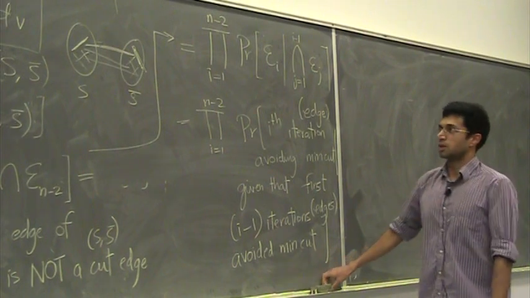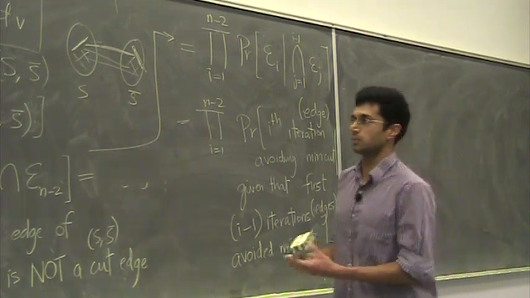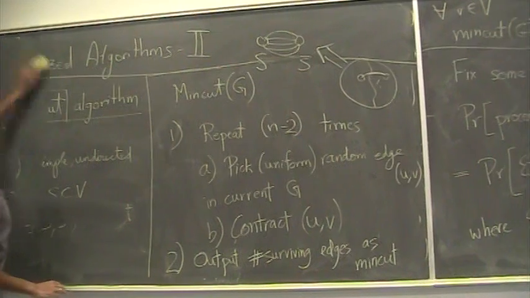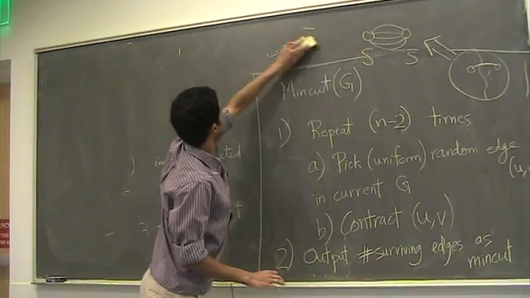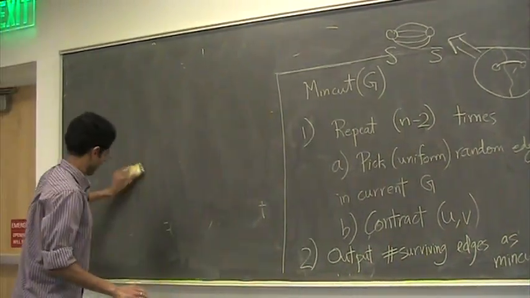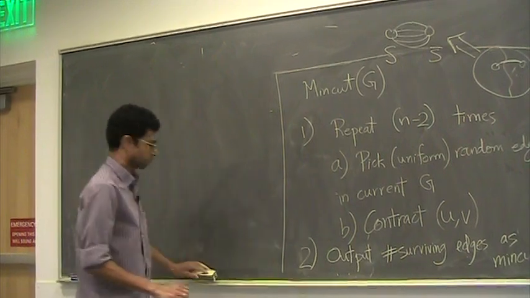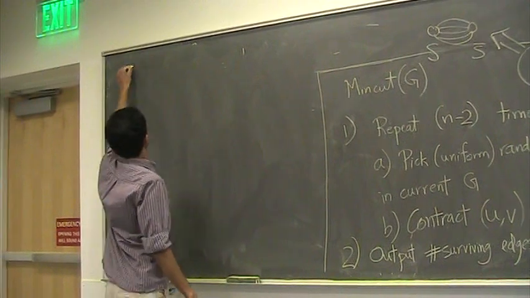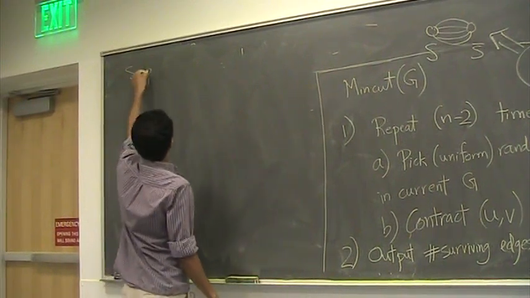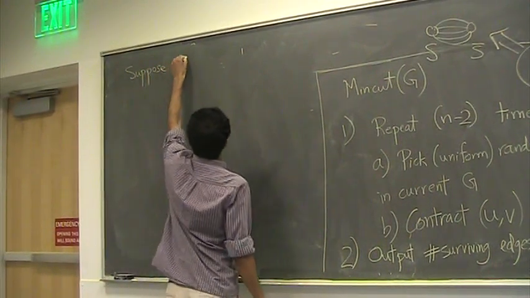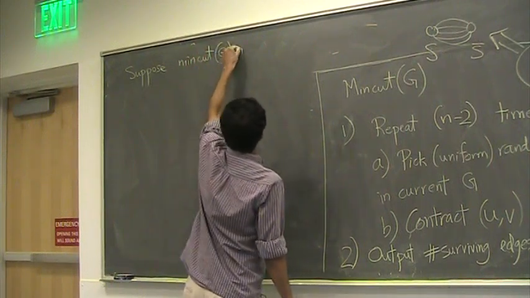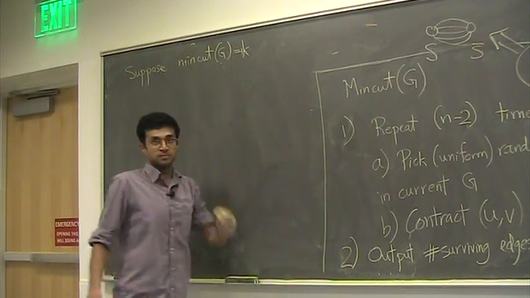All right, so now let us go back to here. I want to keep the mincut algorithm, but I can remove this. Okay? So let's just say, suppose the mincut value is k.